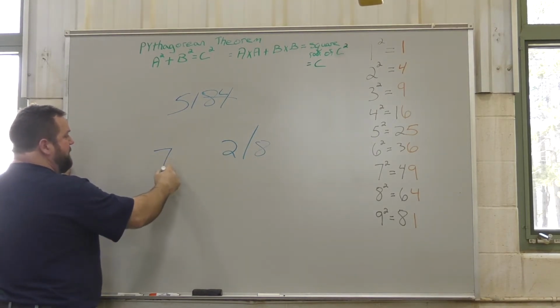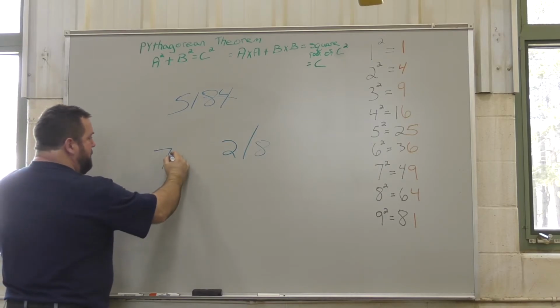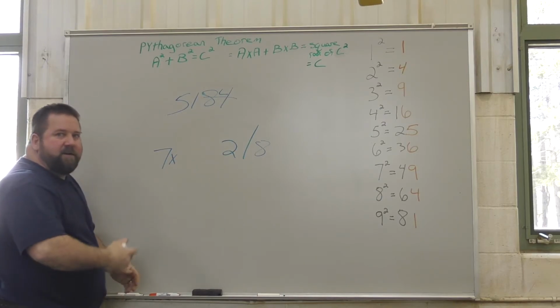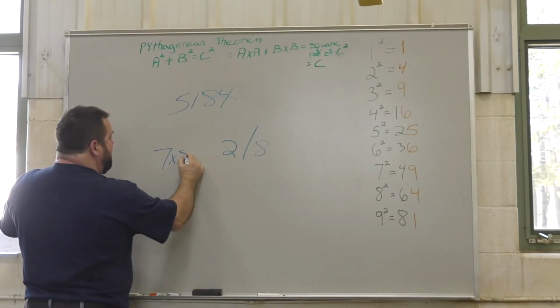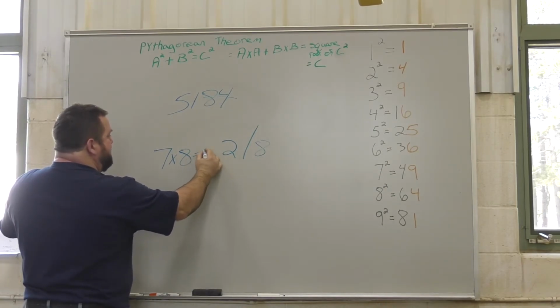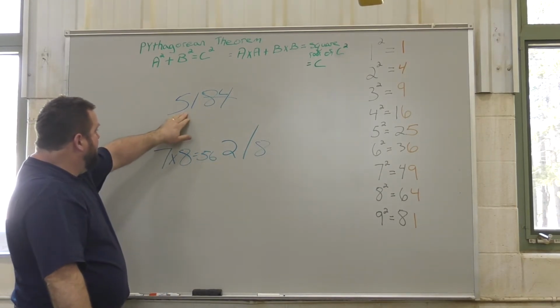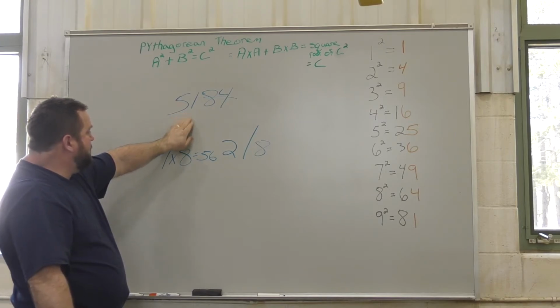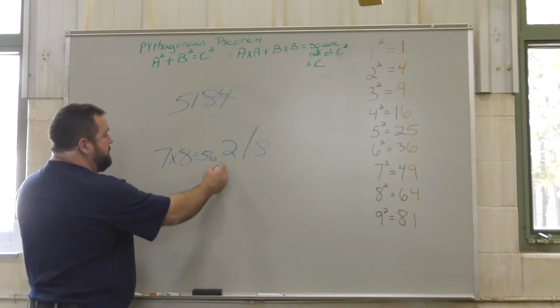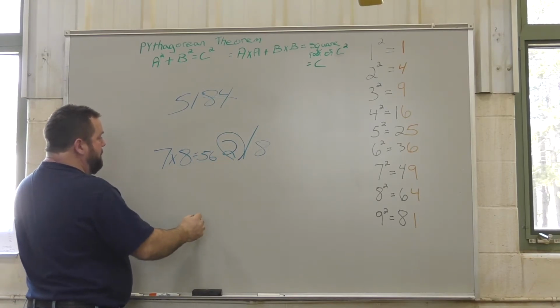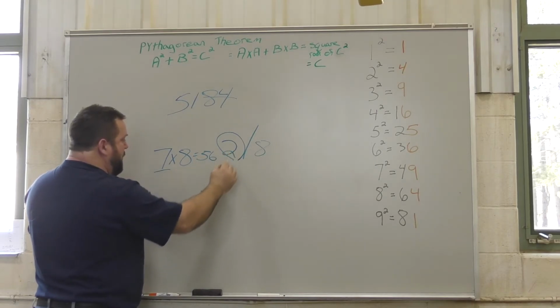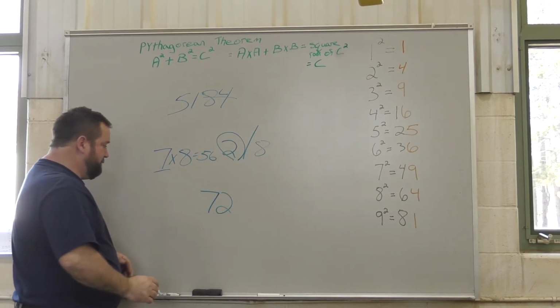Now we take 7 times the next numerical number, which would be 8. 5, 6, 7, 8. 7 times 8 equals 56. So we have 56 and 51. Remember, if this number is smaller than this number, we use the smaller number. Okay, so we have the 7 and the smaller number, 2.